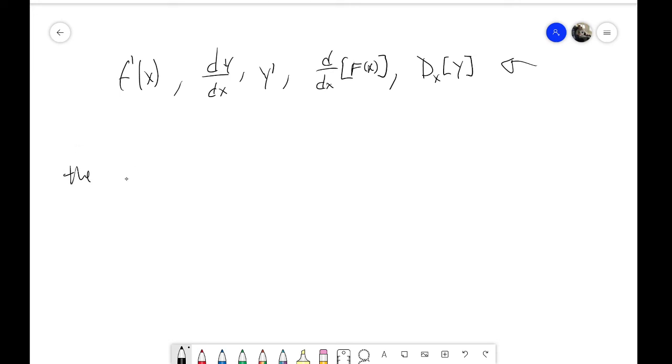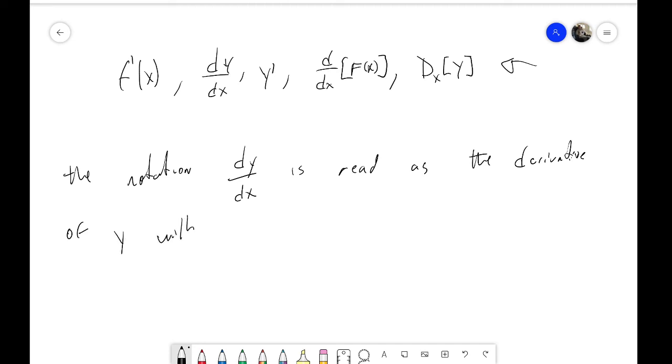I mentioned this in passing, but this notation is read as the derivative of y with respect to x. Or simply, which is what I will say often, dy dx.